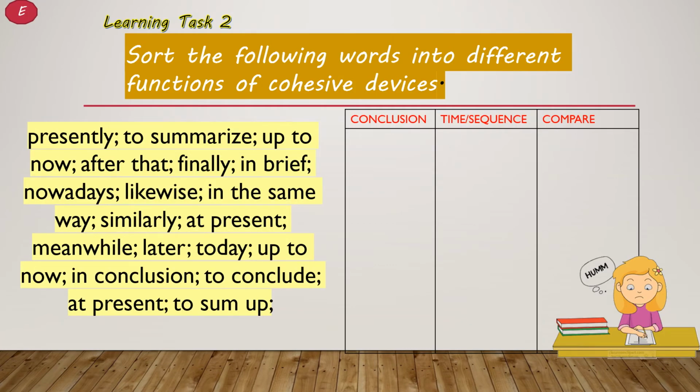Okay, so learning task 2. In here, you are going to look at the words and divide them into categories. So you are going to sort the following words into different functions of cohesive devices: construction, time or sequence, and comparison.